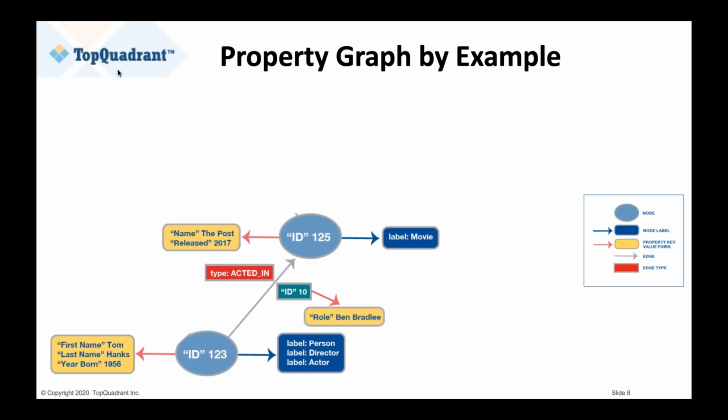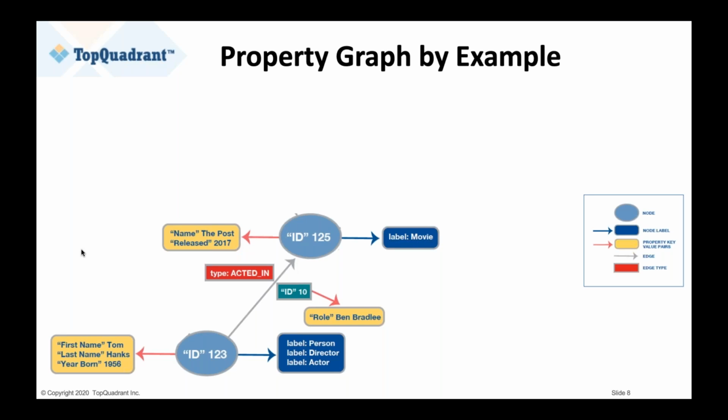As an example, I'm going to use some data from movies and actors and the general entertainment domain. So here we have a node. You see the ID of that node is 123, and the IDs get assigned by the system. On that node, we see some key-value pairs, which are the properties: first name, last name, year born. And by this, we understand that this node represents Tom Hanks.